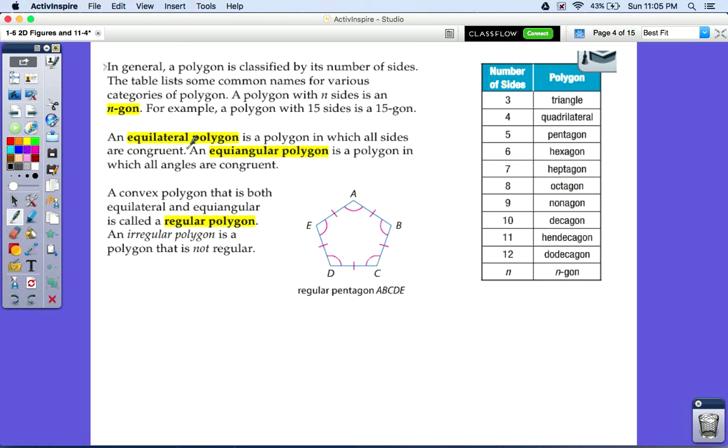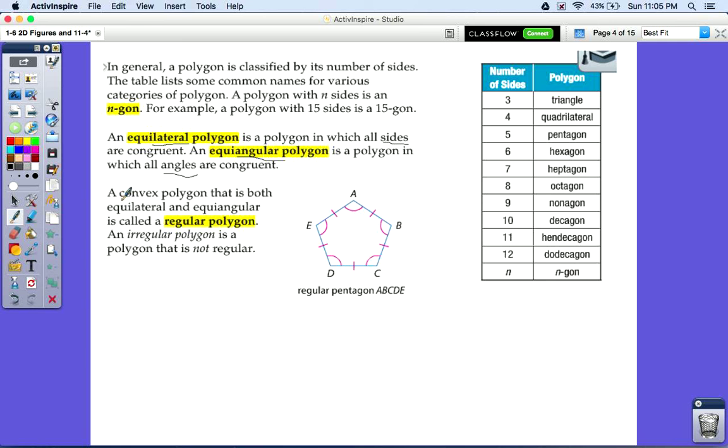An equilateral polygon is a polygon in which all sides are congruent. So you can associate sides with lateral. An equiangular polygon is a polygon in which all angles are congruent. So you can associate angular with angles. A convex polygon that is both equilateral and equiangular is called a regular polygon.